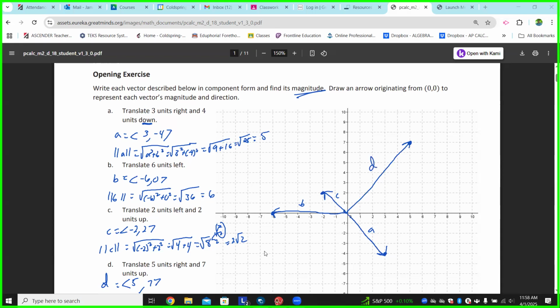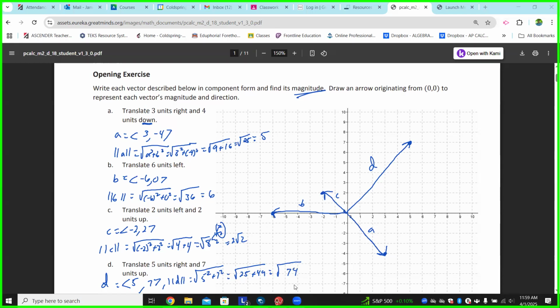Here is D. So again, to find the magnitude of D, this will be 5 squared plus 7 squared. What's 5 squared? 7 squared. 25 plus 49.